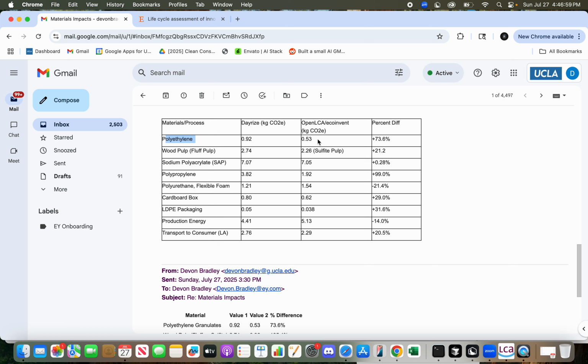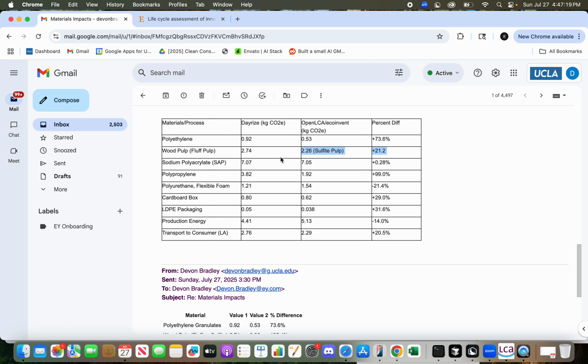And I'll just reiterate that OpenLCA models the product carbon footprint using EcoInvent data. So this is pulling directly from EcoInvent, so it should be the more accurate number. So highly inaccurate here, I would say.